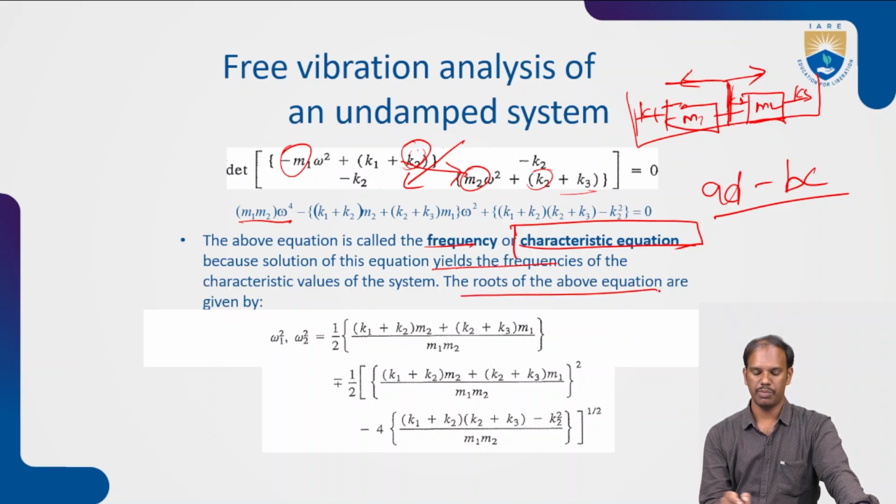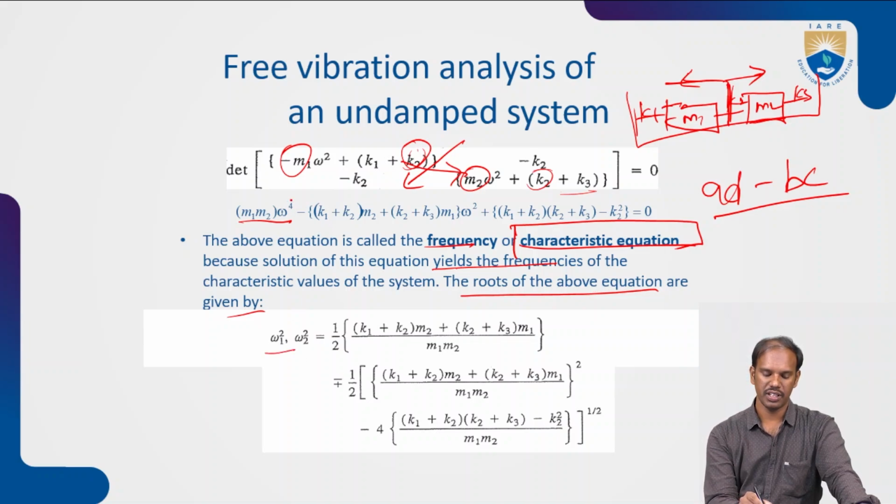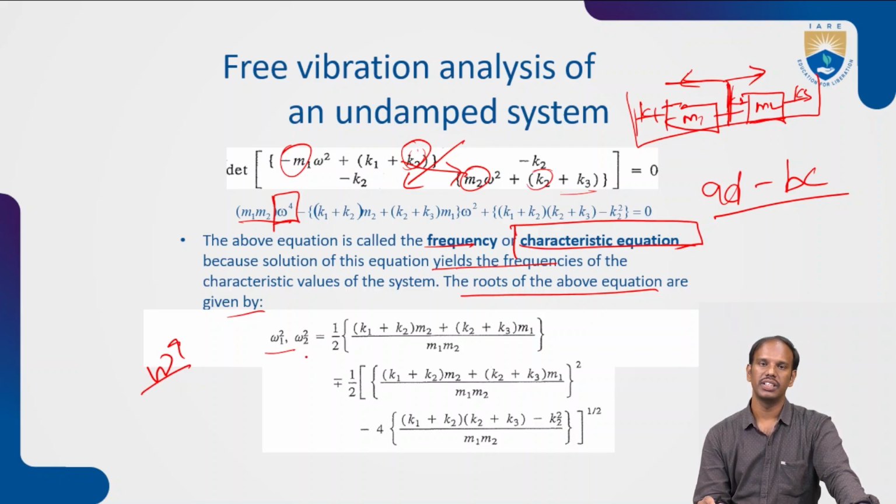The roots of the above equation will be given by this. We have omega to the power of 4, which we need to treat in two parts because we need to find the solution. Omega natural frequency: for the complete equation to the power of 4, we generalize it as a omega square squared, plus b omega square, plus c.